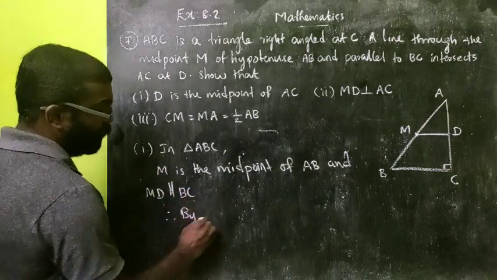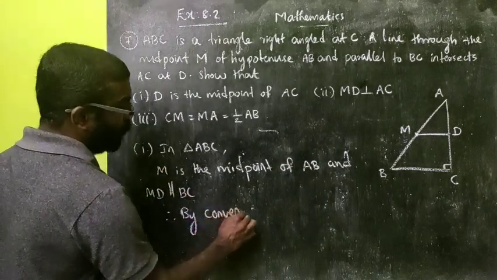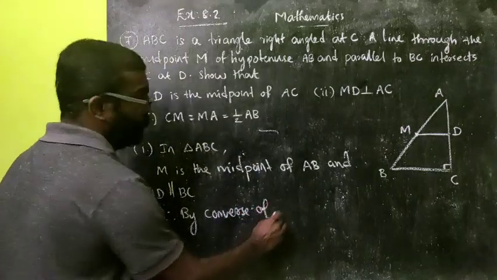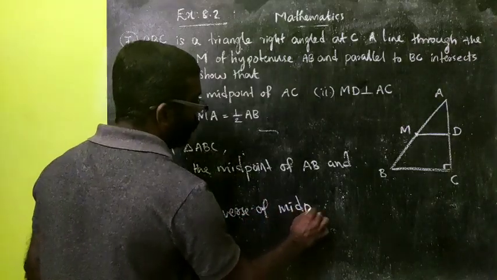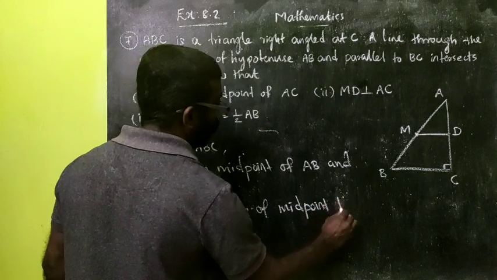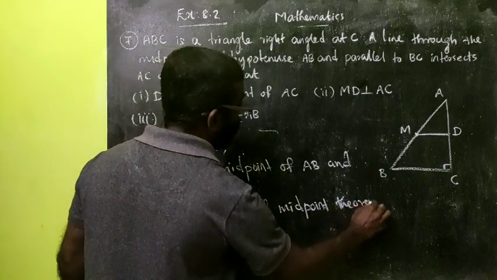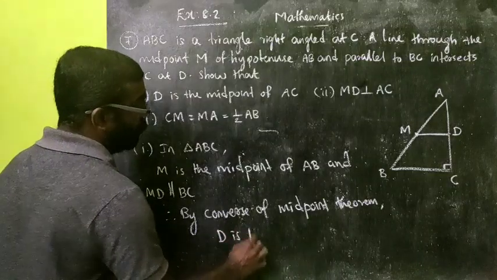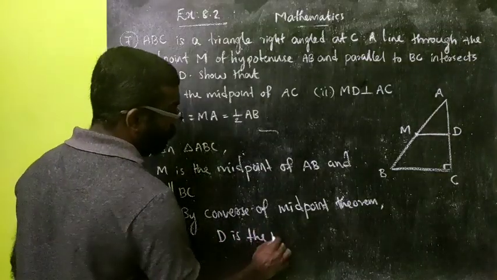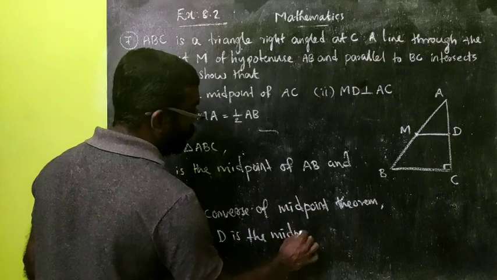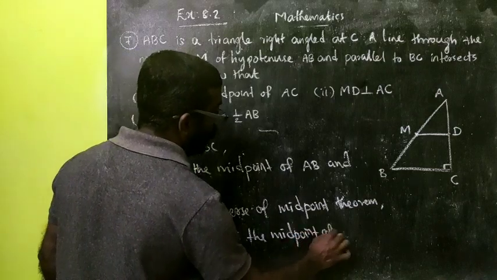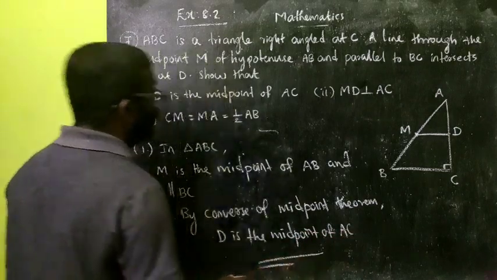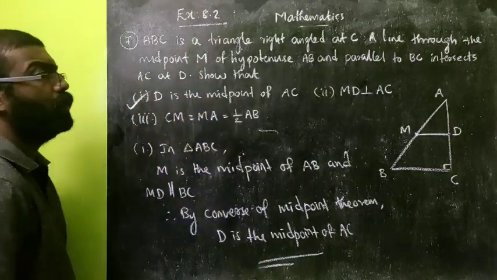Therefore, by converse of midpoint theorem, we can write D is the midpoint of AC. So the first part is over. D is the midpoint of AC.